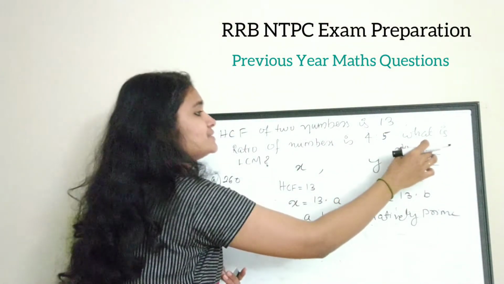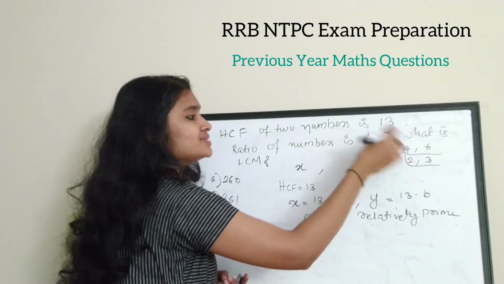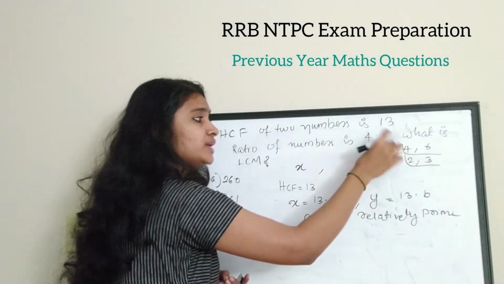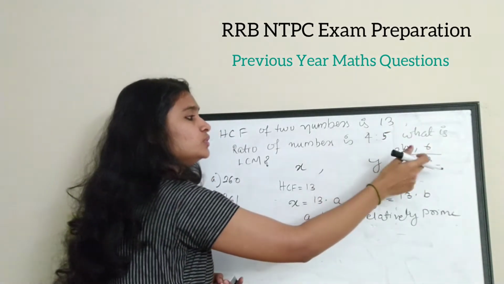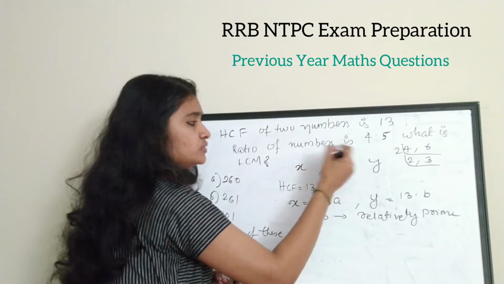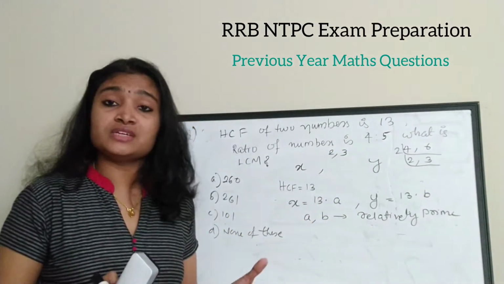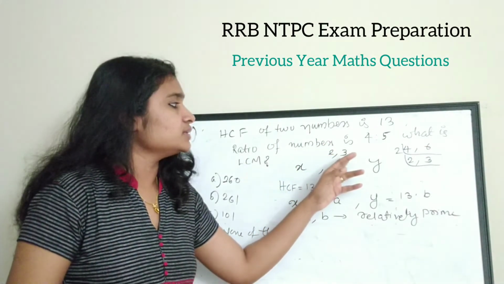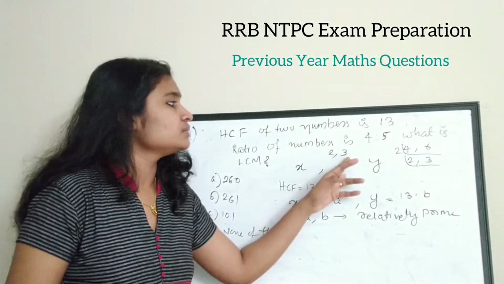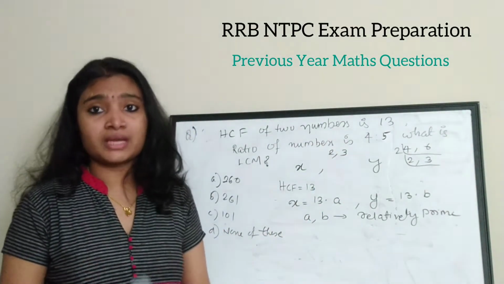Now when 2 is taken from 4 and 6, what remains? From 4, if you take a 2, you will get a 2. From 6, if you take a 2, you will get a 3. Now these 2 and 3 are relatively prime. When you take the 2, the 3 is prime, and when 3 is considered, the 2 is prime. That is, 2 and 3 are relatively prime numbers.